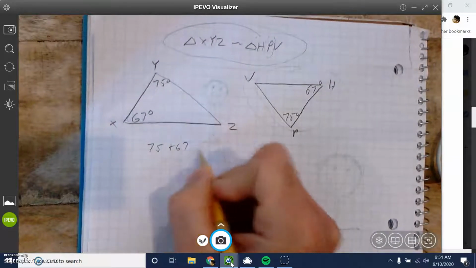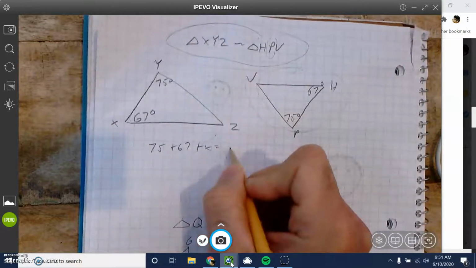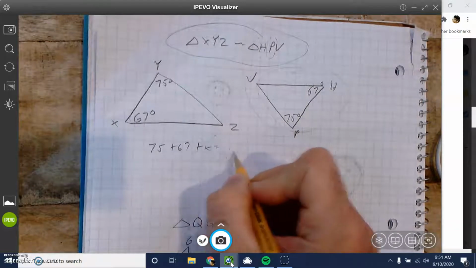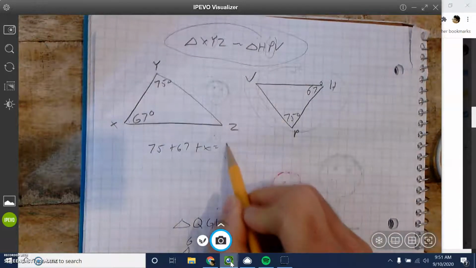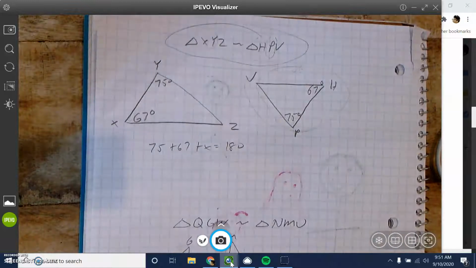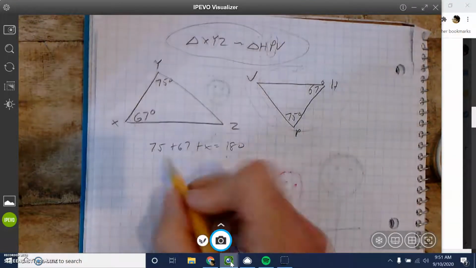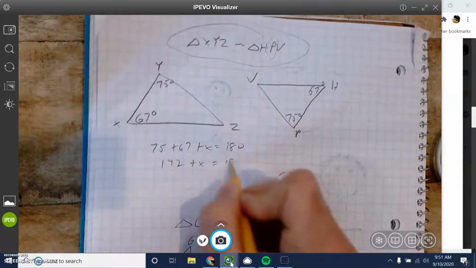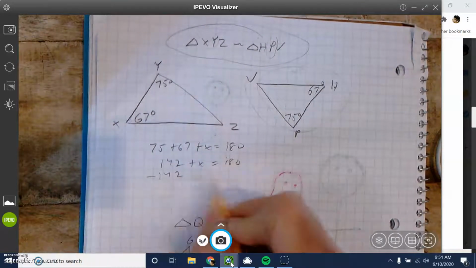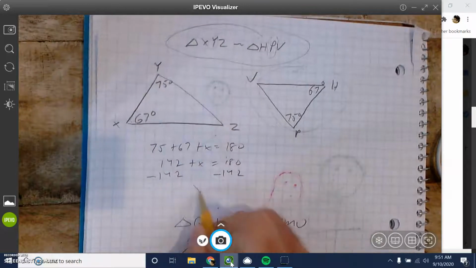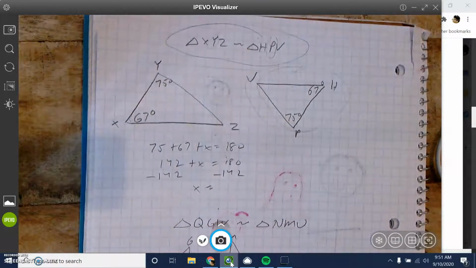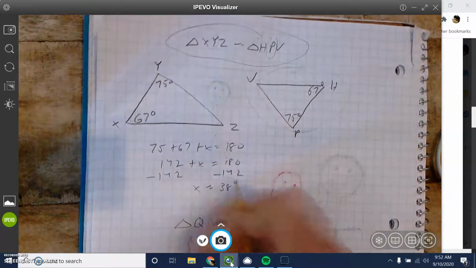75 plus 67 plus X equals the measure of angle Z, which is 180. 75 plus 67 is 142, plus X equals 180. Minus 142 from both sides, X equals 38 degrees.